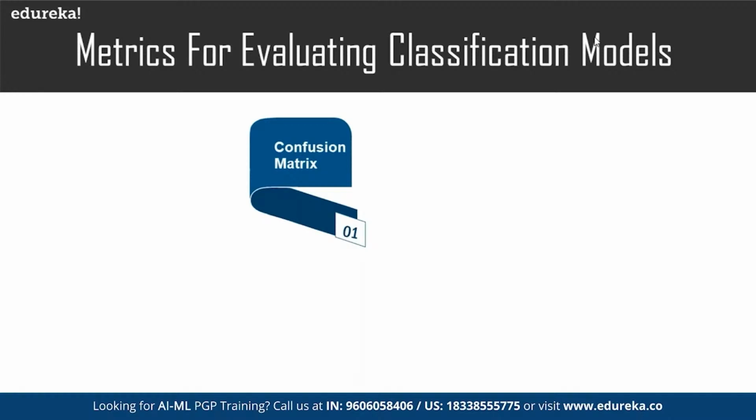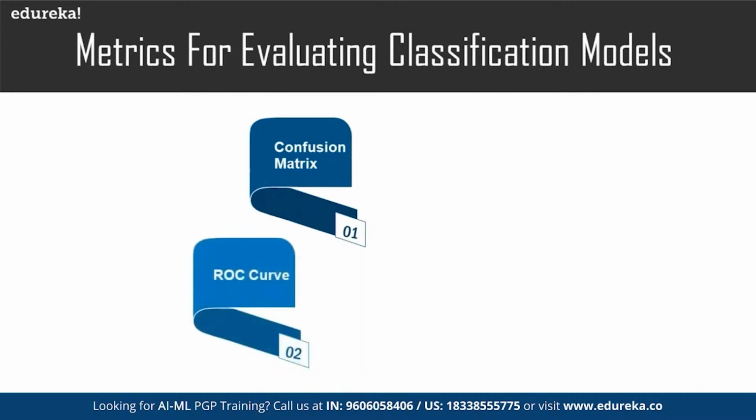Let's see other types of evaluation metrics. Another one is the ROC curve, which is very popular, and the AUC curve is also widely used, in healthcare sectors and various other sectors too.